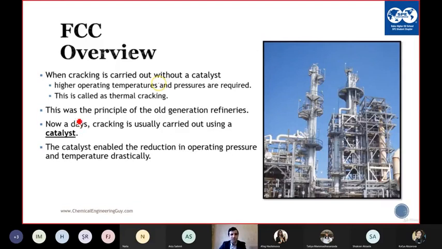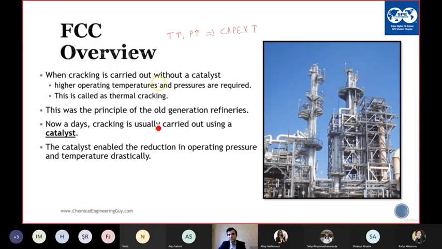So FCC overview is that when cracking is carried out without a catalyst, higher operating temperatures and pressures are required. So when you have higher temperature and higher pressure, your capex, meaning the capital costs, the costs to construct, let's say, the reactor or regenerator for higher temperature and pressure, becomes higher.